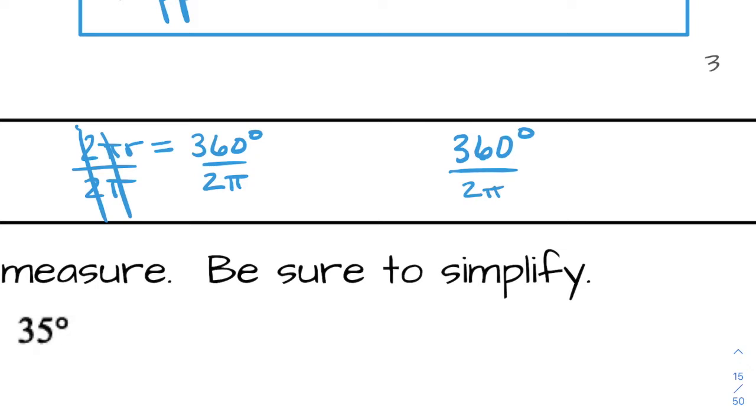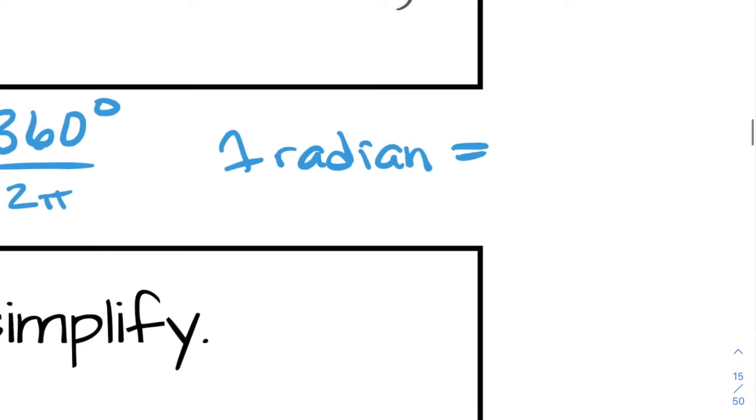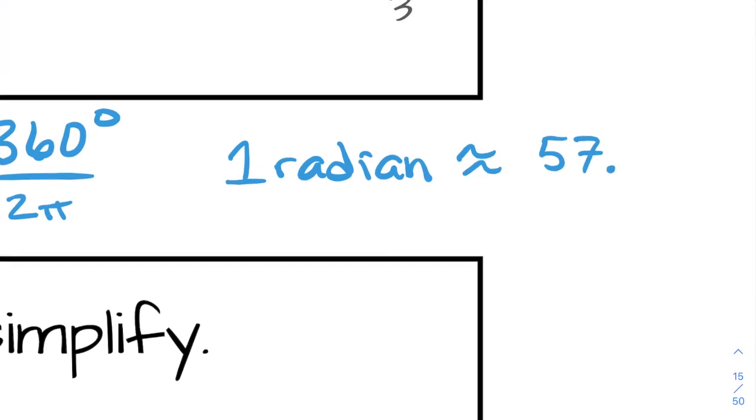Instead of calling it a radius, let's call it a radian. And now we have 1 radian is equal to 360 divided by parenthesis 2 pi, which I get to be 57.2957, so let's say 0.3 degrees.